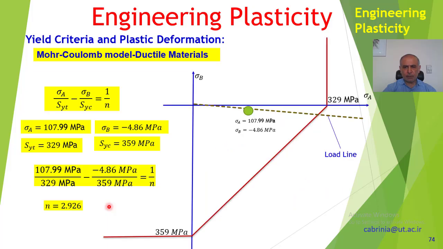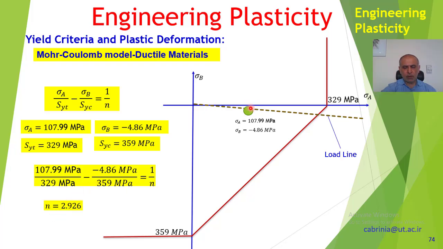And I have magnified it here to explain it a bit more clearly. That's the load point, that's the load line. On the load line, if you look at the load point, the total length up to the yield locus, this length divided by this length gives the factor of safety.